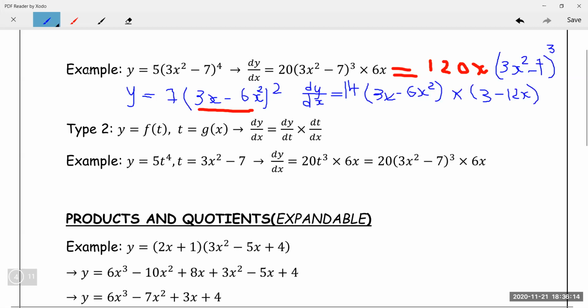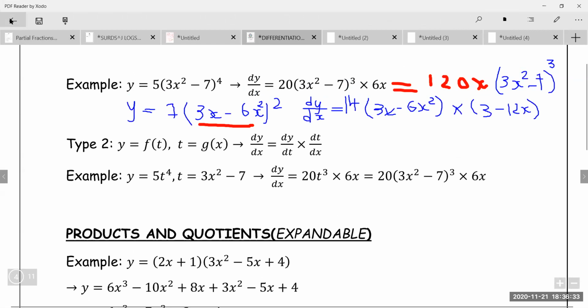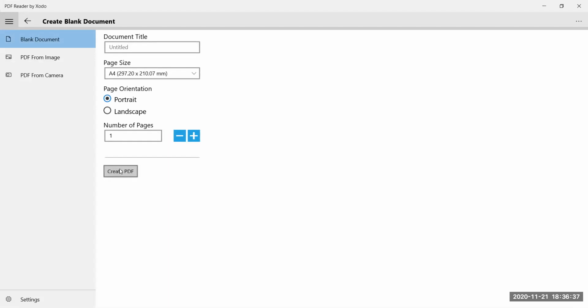But because of this bracket, when I differentiated these two terms, we get 3 minus 12x. I have to put a bracket around it to show that 3 minus 12x is being multiplied by all of this. I'm going to give you some more examples on another sheet. We're going to do about 3 more examples just to make sure you fully master composite rule type 1.